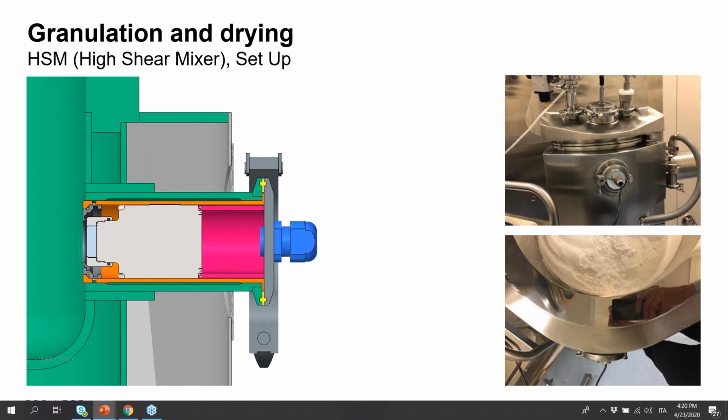So technically speaking, we had to insert a port, that is this one here, and as you can see, there is a window that avoids the direct contact of the MicroNIR with the internal chamber of the granulator.